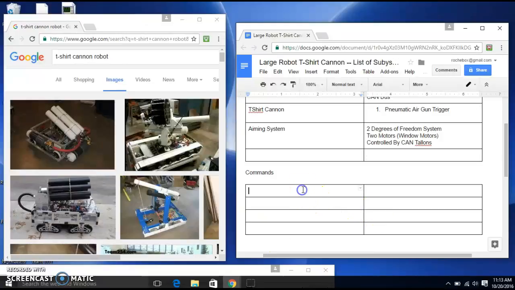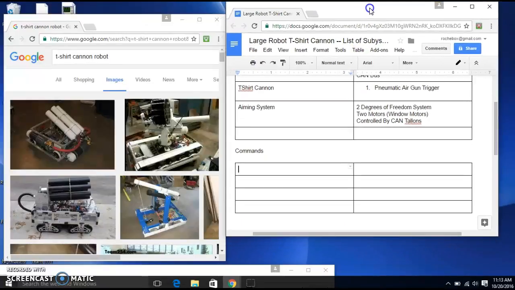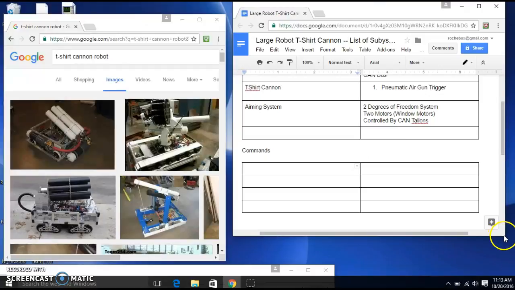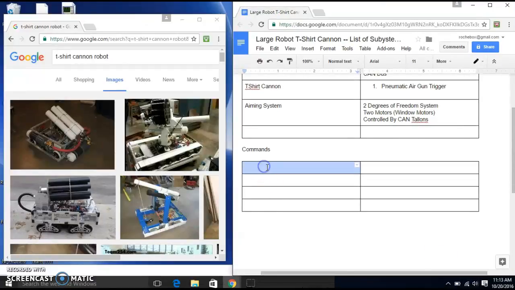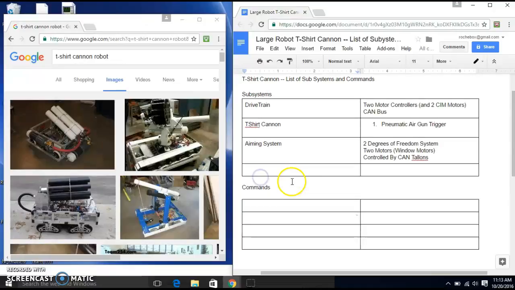Okay, what are some of the drivetrain commands? There would be kind of two varieties of drivetrain commands. One's going to be drive with joysticks, totally. Okay, you could have other commands too.